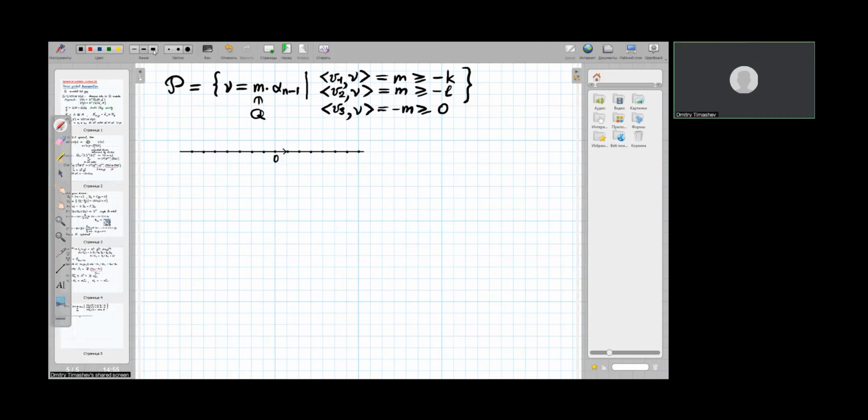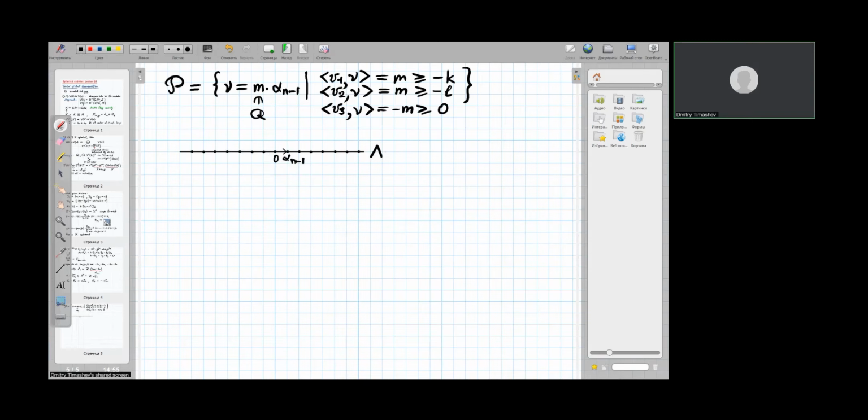So we have this lattice lambda. And this is alpha n minus 1, the generating vector for this lattice.